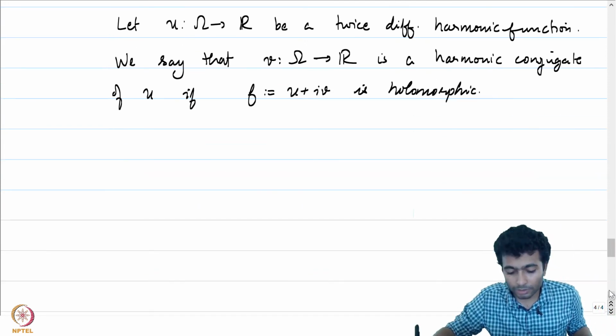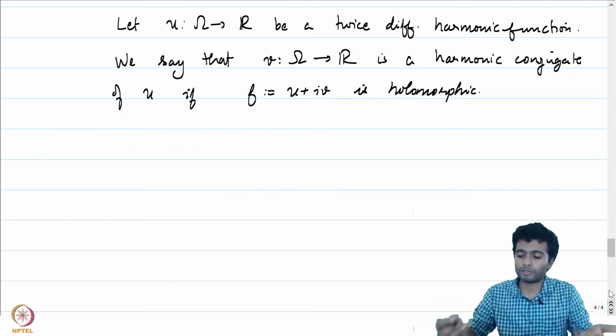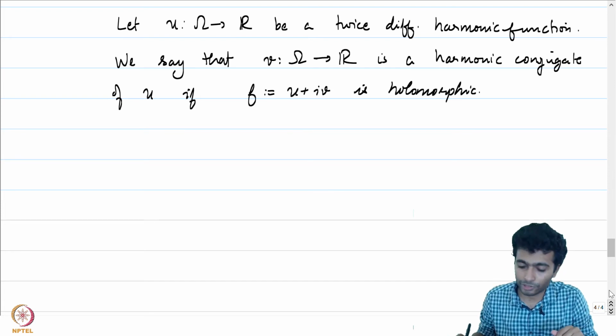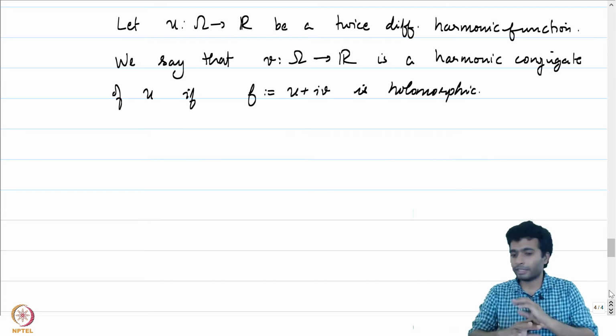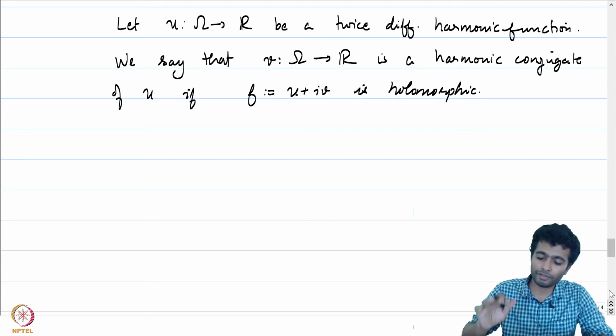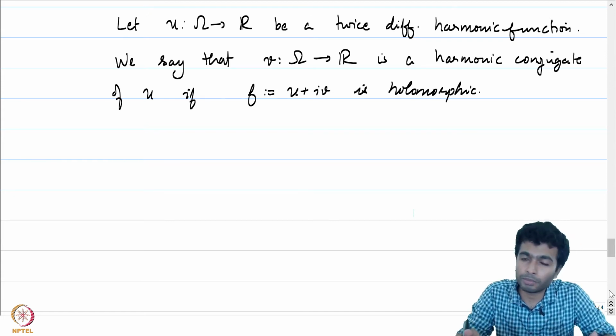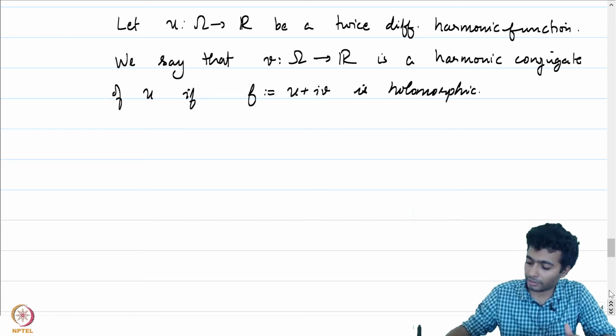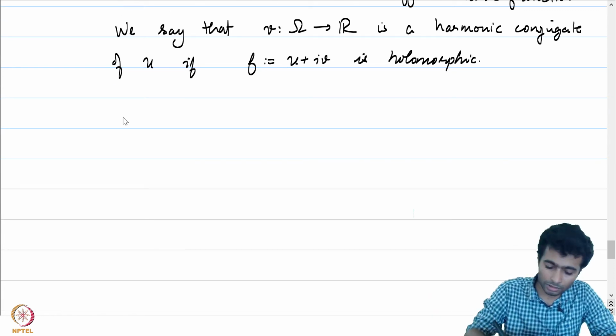And the natural question to ask is, can we get hold of a harmonic conjugate given a harmonic function u? So we will not be answering that question in its generality right now. However, we will prove that when omega is the entire complex plane, we will be able to come up with a harmonic conjugate. And that's going to be the next proposition.